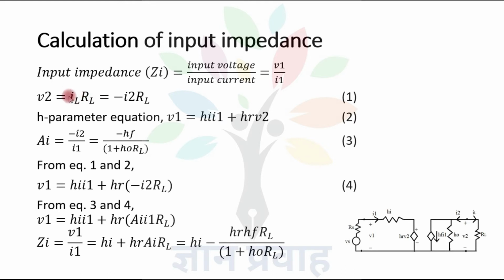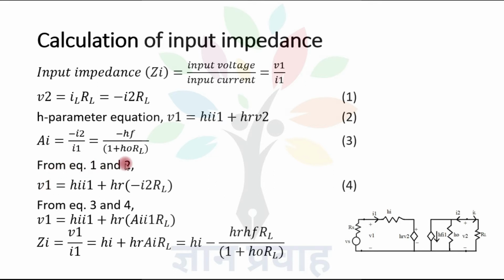IL always equals minus I2, so V2 equals minus I2 RL. The H parameter equation is V1 equals HI I1 plus HR V2. We have already calculated the current gain, AI equals minus I2 upon I1, and its value is minus HF upon 1 plus HO RL. So from this expression, I2 equals AI I1.